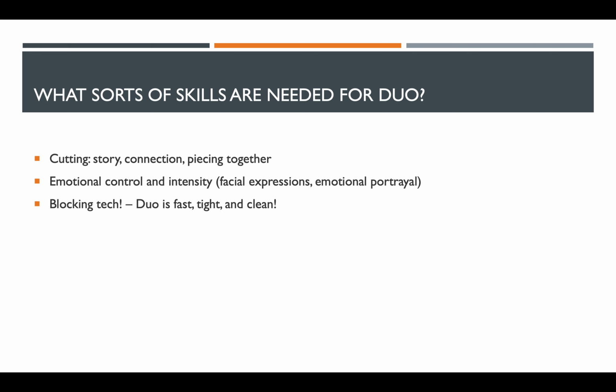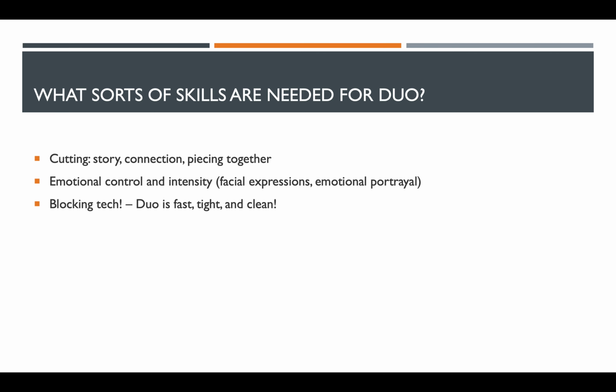You can really tell that with the two partners. So you need to make sure for a good duo that you are working with your partner to make sure that you're solidifying and polishing every little movement, every little step, every little facial expression and emotional reaction.